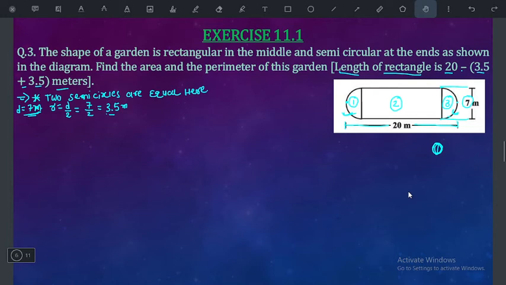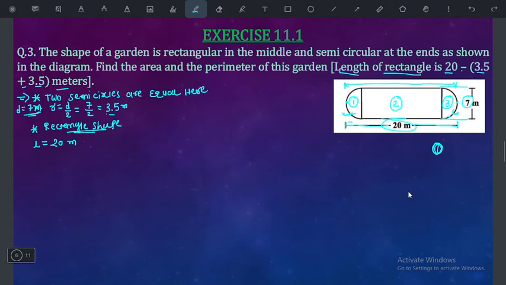Now here one shape is a rectangle, and for the rectangle shape we would like to find out the length. Now the total length of the garden equals 20 meter. Total length from here to here is 20 meter.